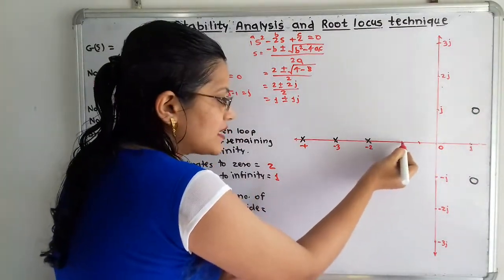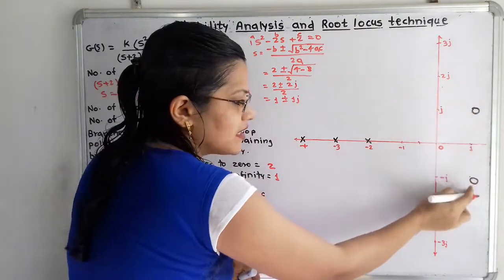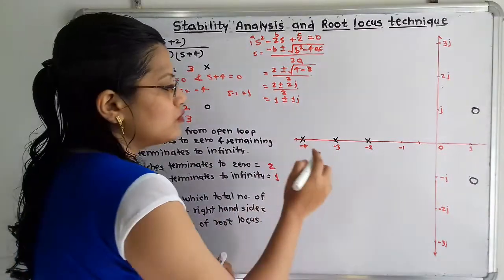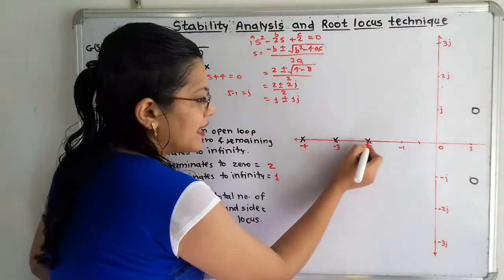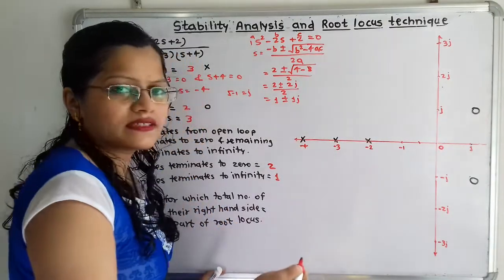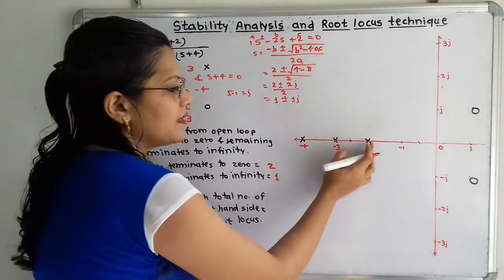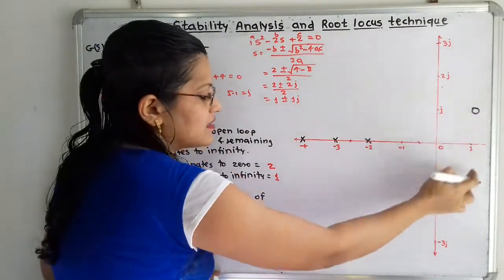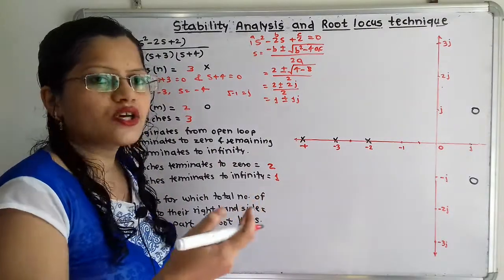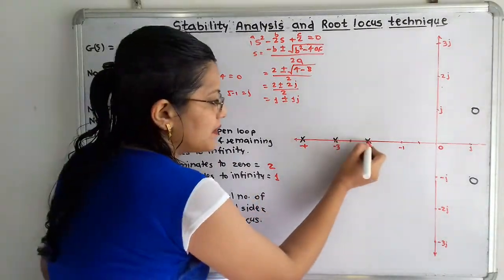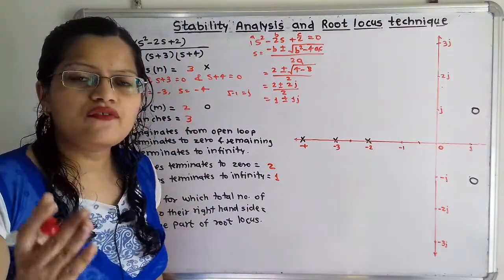In the same way, in between minus 1 and minus 2, for any point there are 2 zeros on the right hand side, so we have to ignore that. Then again, if I take a point in between minus 2 and minus 3, on the right hand side there are a total of 3 poles and zeros, which is an odd number. So we can say that in between minus 2 and minus 3, all the points are part of the root locus.